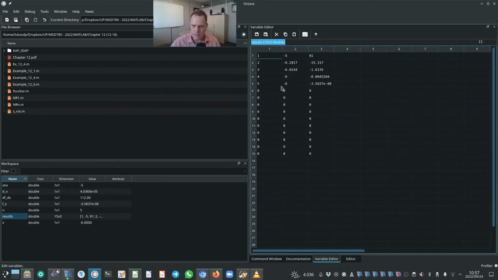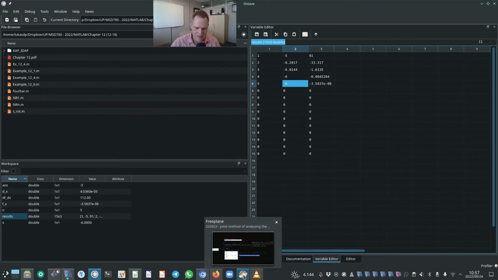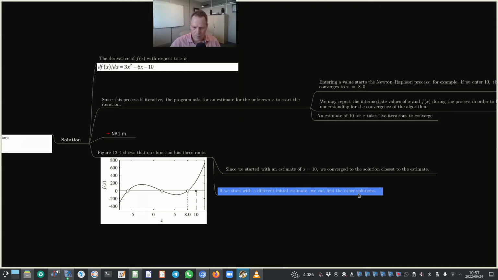Yeah, so here you can see the converged value is indeed minus 6, which gives a function value of minus 3.58 times 10 to the minus 8. Alright, so that clearly illustrates what Newton-Raphson is saying here.